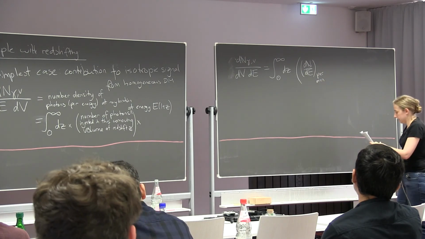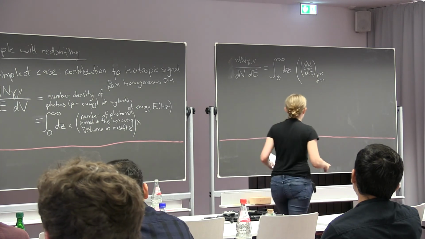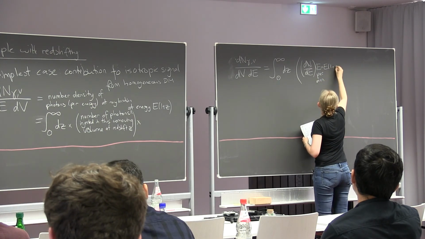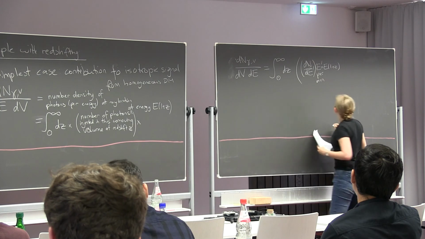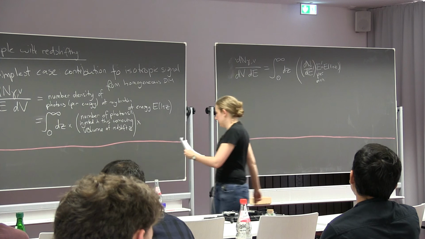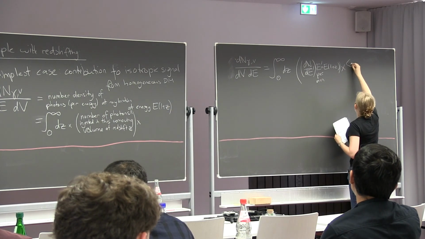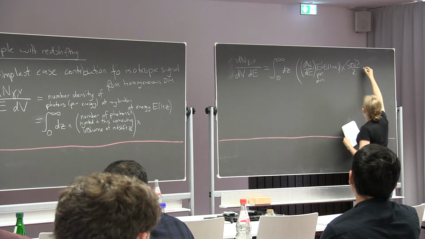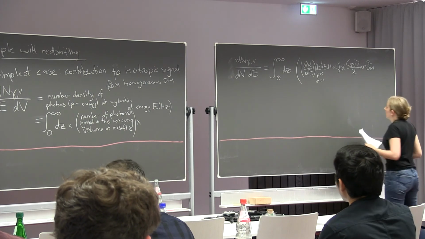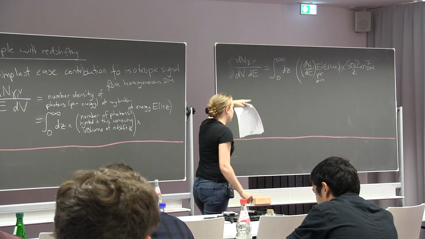And this is going to be the spectrum of photons at this redshift, at this increased energy, times the rate of annihilation, the sigma v over 2, times the number density of dark matter squared. Now that's per unit time, per unit volume.